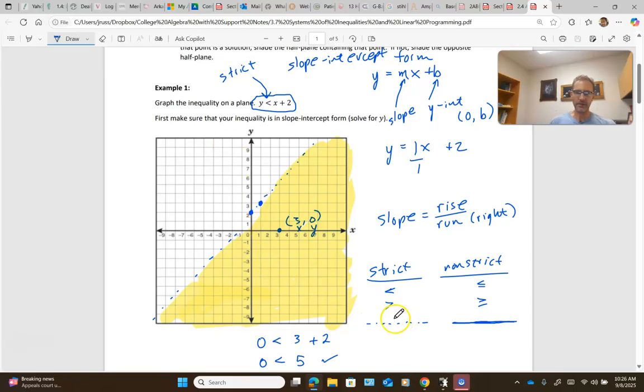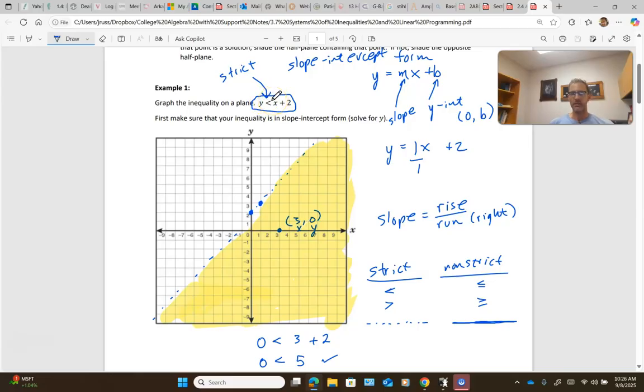Lastly, why, in this case, do we get a dashed line and not a solid? Well, the solid line would mean that the solutions are not just in this region, but are also on the line. That has to do with this inequality symbol. Here it says that y is strictly less than x plus 2. So any points on this line, the x and y coordinates of those points would be such that y would be equal to x plus 2, and not strictly less than.